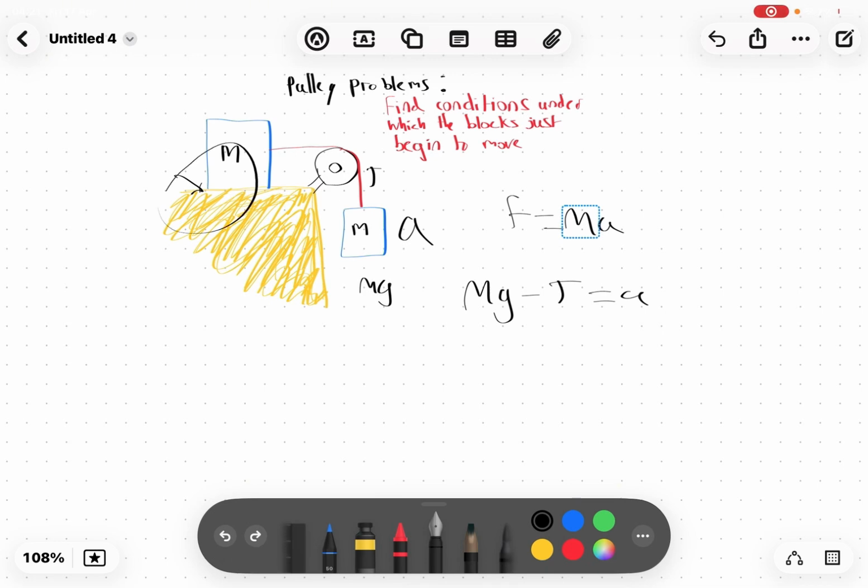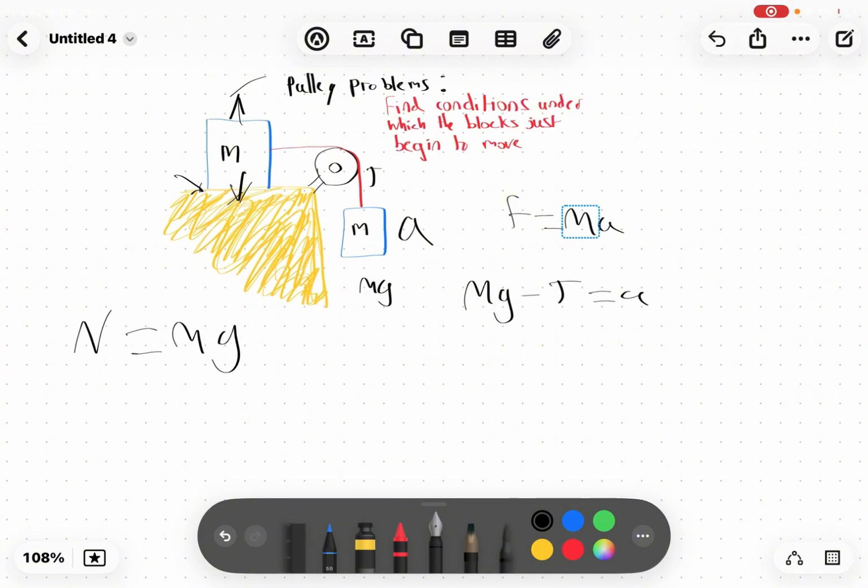For the big block, the normal force and the gravity force cancel each other out, because right now it's not moving. So N equals Mg.